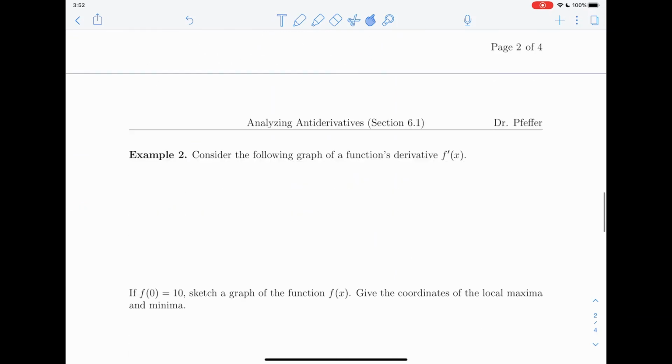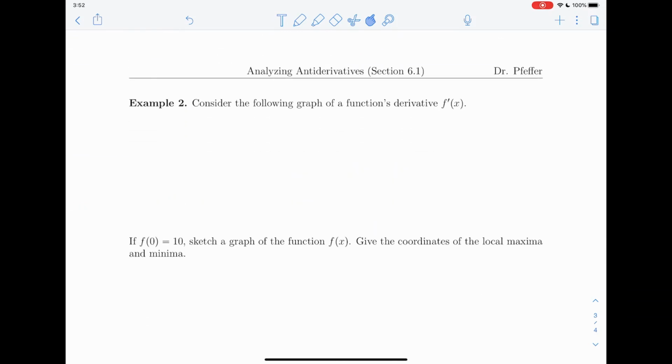So let's take a look at an example. For this example, we're going to consider a graph of a function's derivative, f prime. So follow along as I fill in the blank here of what this graph is supposed to look like. It's going to be a graph living entirely in the first quadrant with an x-axis tick mark interval of 6. So that's 1, 2, 3, 4, 5, and 6.